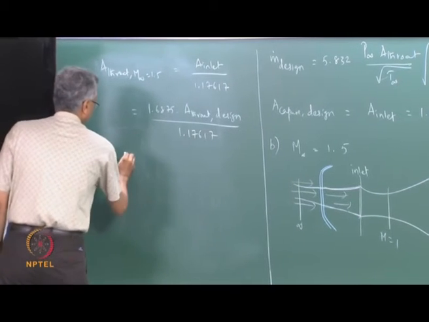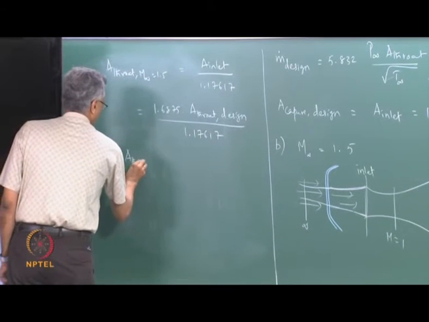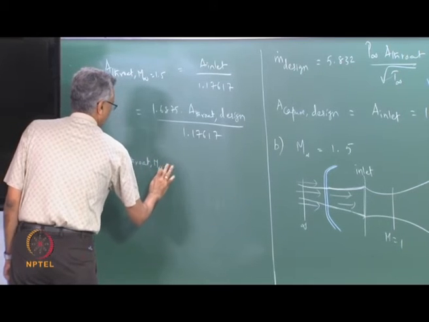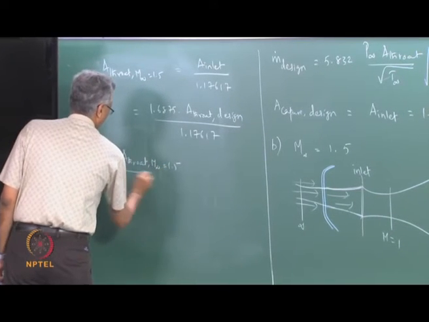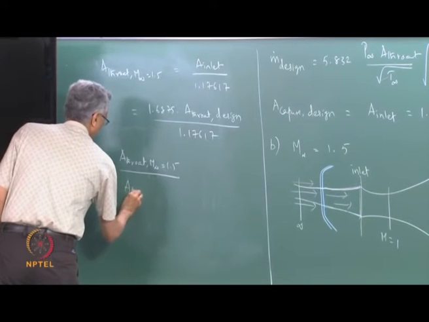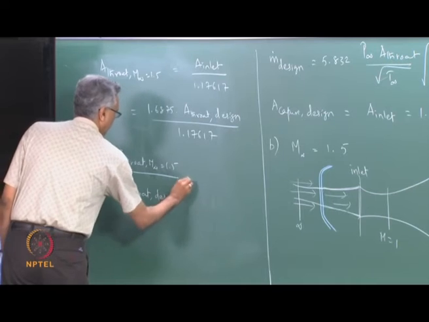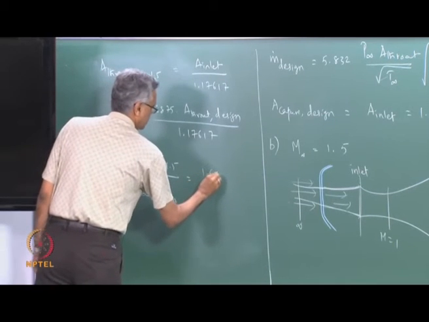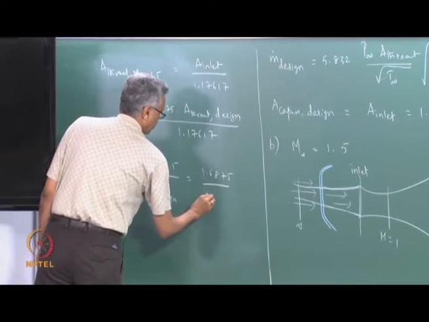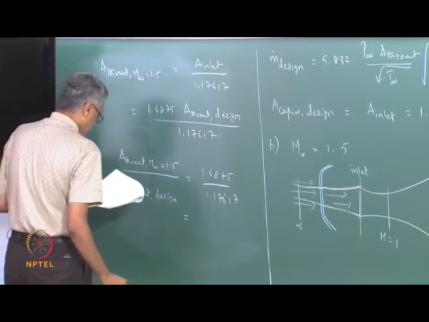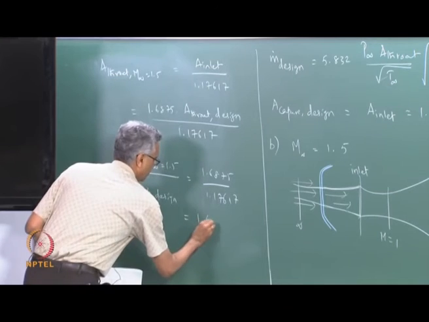Which tells me that A throat at M infinity equal to 1.5 divided by A throat design is equal to 1.6875 divided by 1.17617. So I get this to be 1.435.